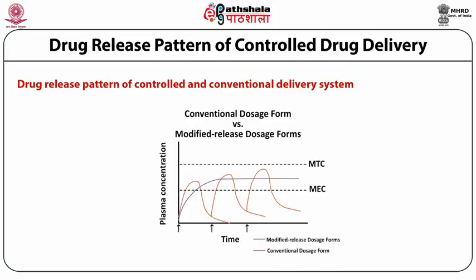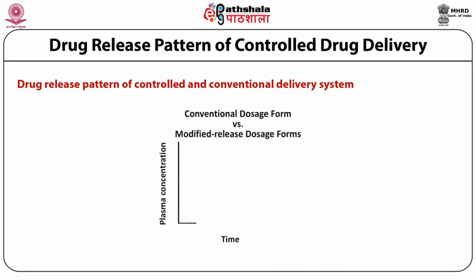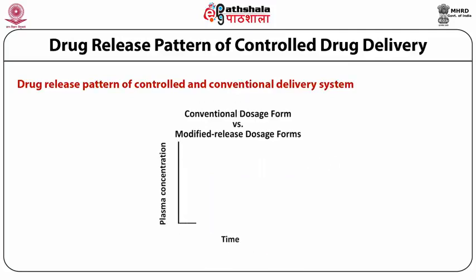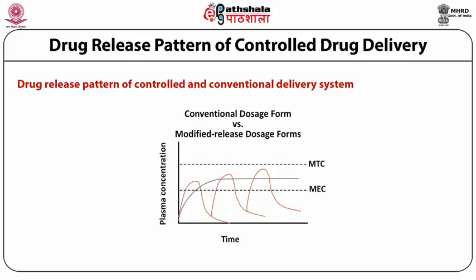The red colored graph line shows the release from the conventional dosage form, the first peak and valley, the second peak and valley, and the third peak and valley, while the blue colored line is giving the sustained or the controlled release action, sometimes referred to as a modified release dosage form, in a plateau form.